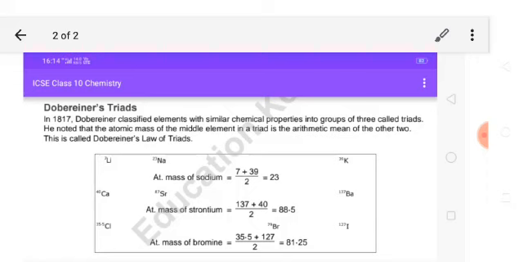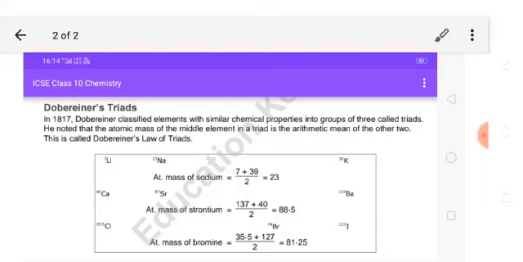Look at the example: Li, Na and K. If we add Li plus K and divide by 2, it becomes 23, and 23 is equal to Na. Then you can easily observe that the law was right for these three elements in the triad. But we will look at this example carefully.